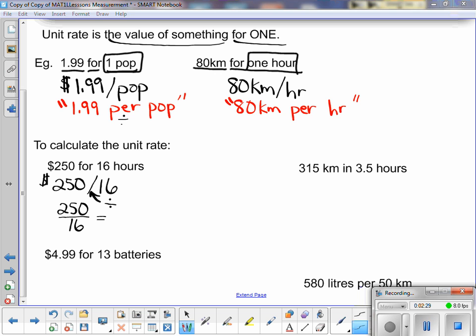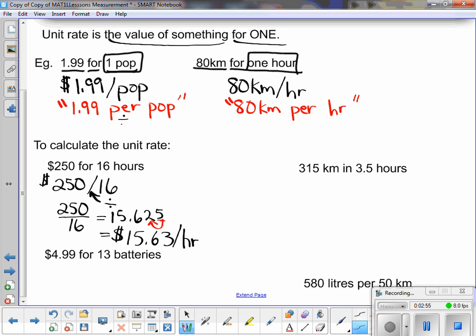And when I do that, I end up with $15.625. Now I'm talking about money, so this 5 is going to force that number 2 up. So that's the same as $15.63 per hour.